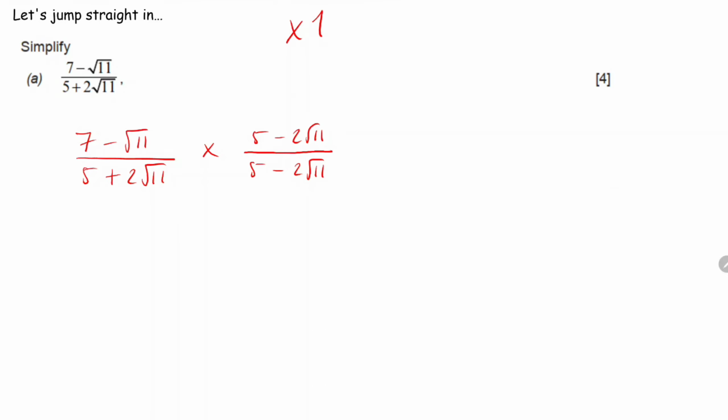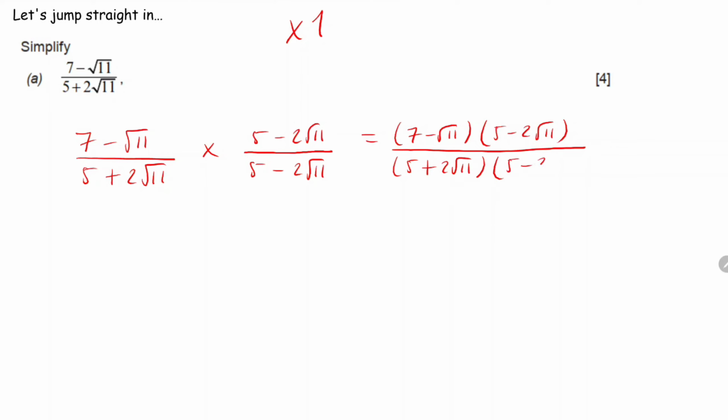And then we execute the multiplication at the bottom and at the top. So the top becomes 7 minus root 11 times by 5 minus 2 root 11 all over 5 plus 2 root 11 times by 5 minus 2 root 11.